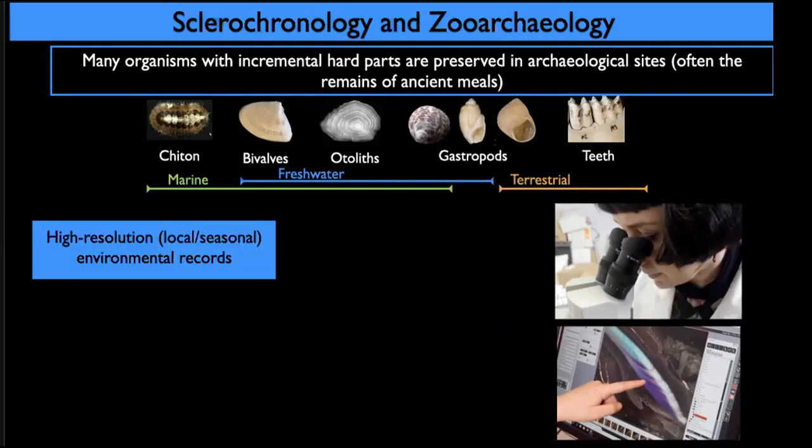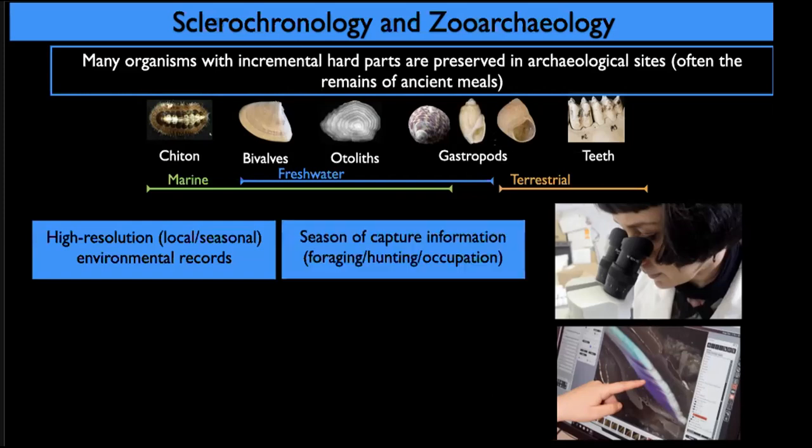And they can provide high resolution environmental information that can be directly linked to records of human behaviour, not only because they're found within archaeological sites, but because they're the remains of ancient meals, so their death is the result of human collection.